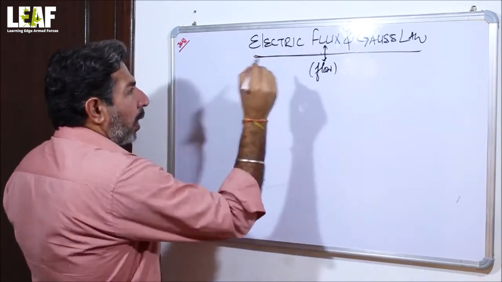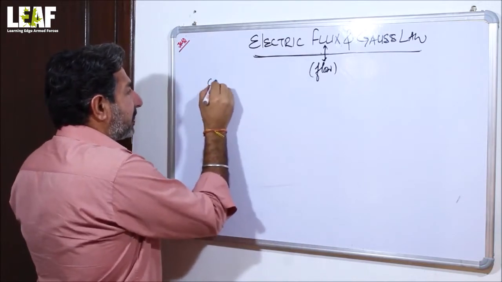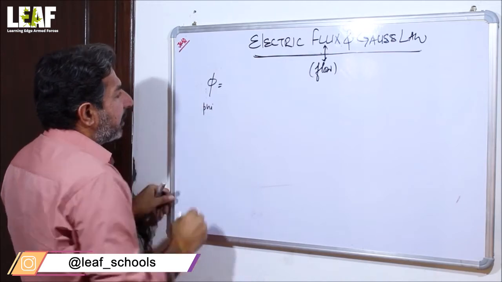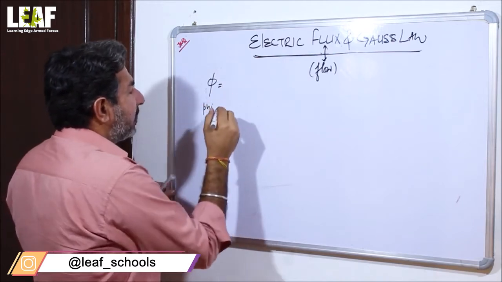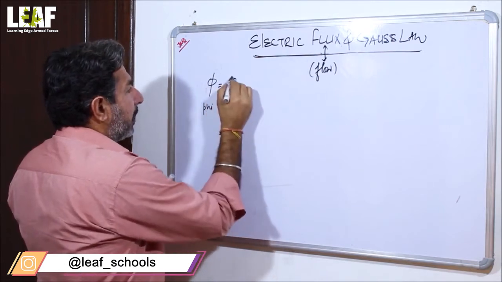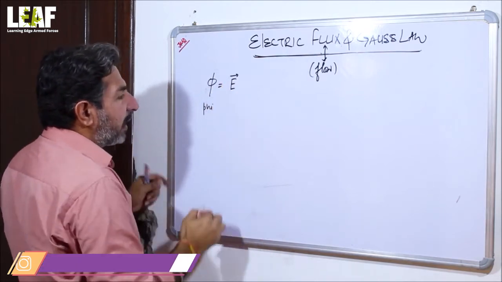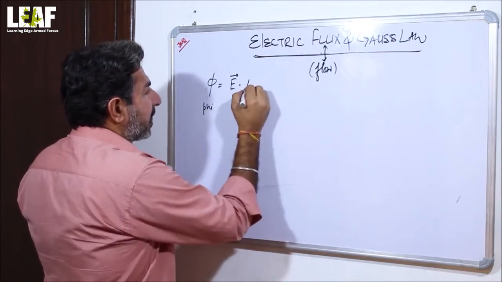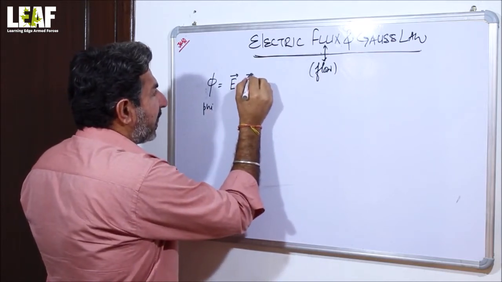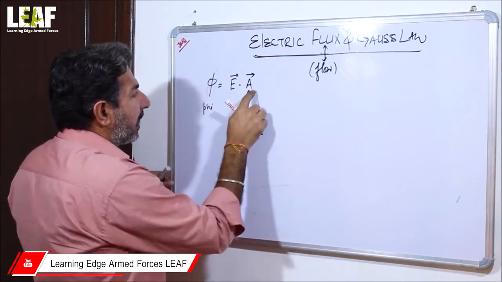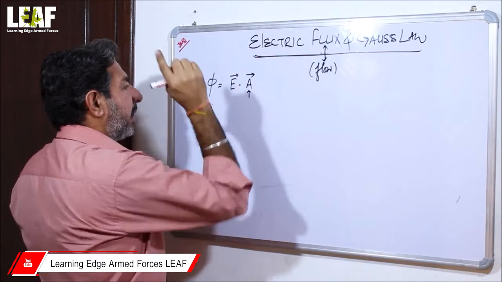Quantitatively, electric flux, denoted by phi, is defined as the dot product of a uniform electric field that we are considering passing through a reference area A, and over here I am even considering A as a vector entity.